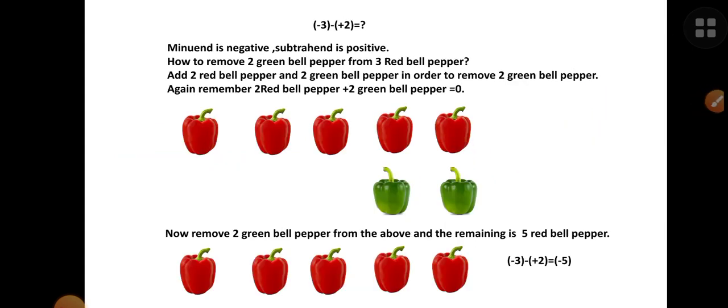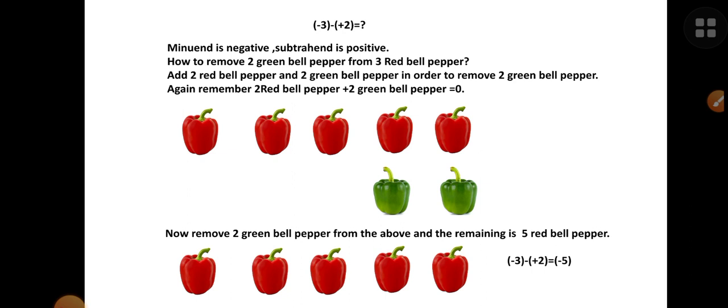And the next case: the minuend is negative and the subtrahend is positive. How to remove 2 green bell pepper from 3 red bell pepper? Add 2 red bell pepper and 2 green bell pepper in order to remove 2 green bell pepper.